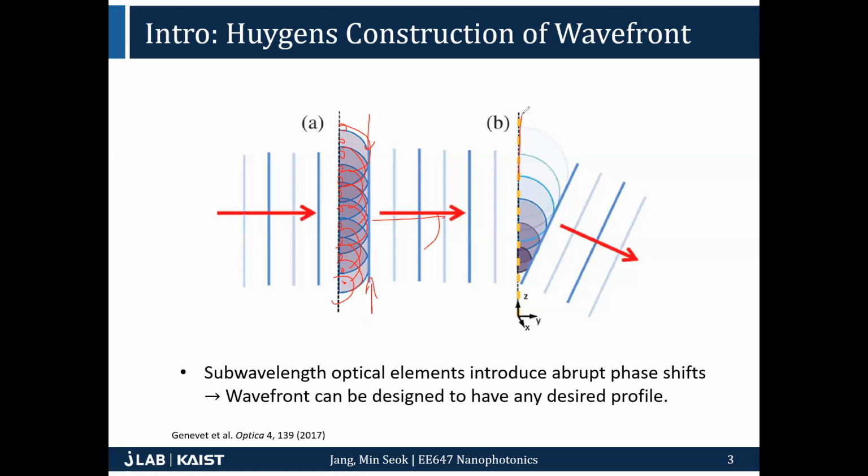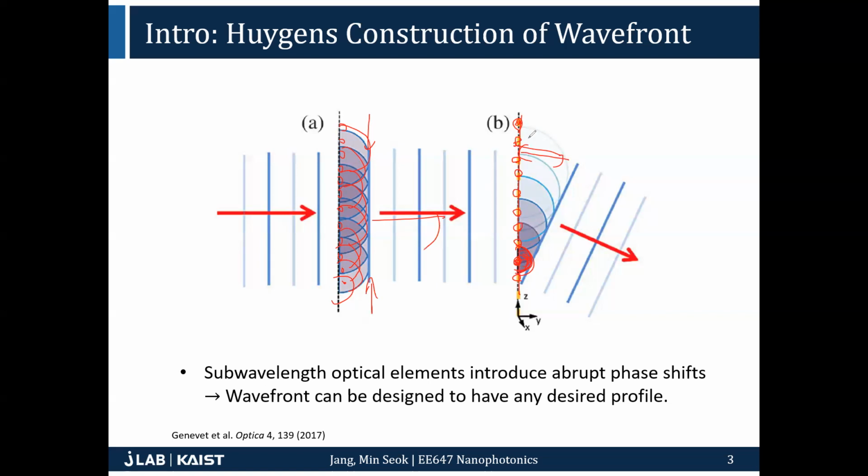And then what metasurface does is that because these meta atoms have different responses to the incident light, some of the meta atoms create the wavefront with a relatively smaller phase shift, but these ones create wavefronts with a larger phase shift.